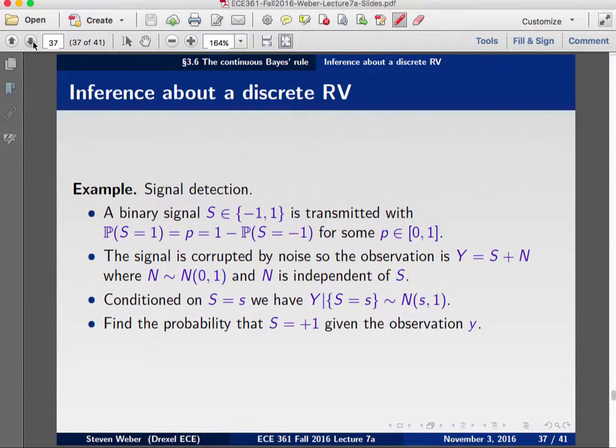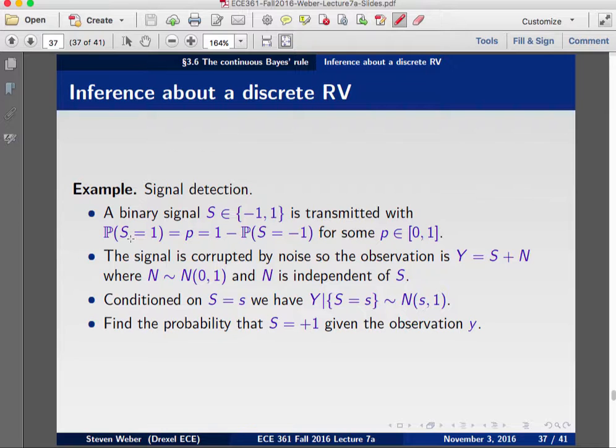Let's do an example. This is a very important example in signal processing. It is about signal detection. There's a binary signal, either +1 or -1, transmitted in each time slot, say. The +1s and -1s don't occur with equal probability.